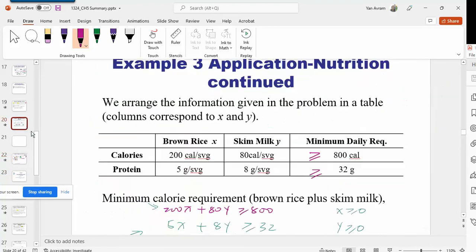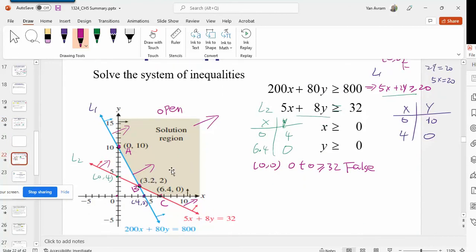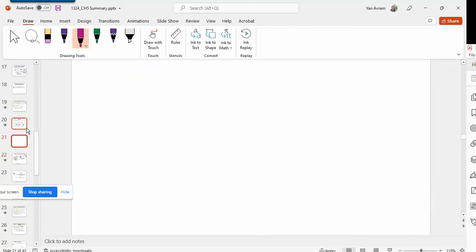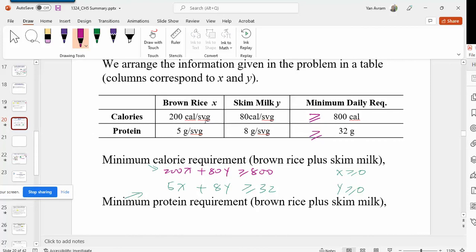In order to have this one right here, this is greater than or equal to. So what is my solution in here? Well, I have 3 solutions. I have a minimum. X is the brown rice, and y is the skim milk.